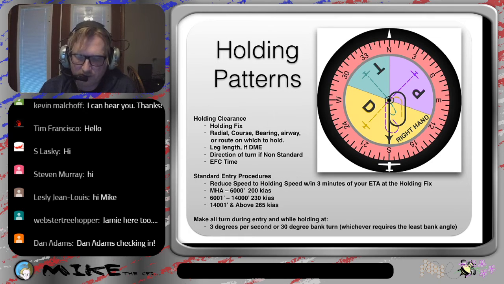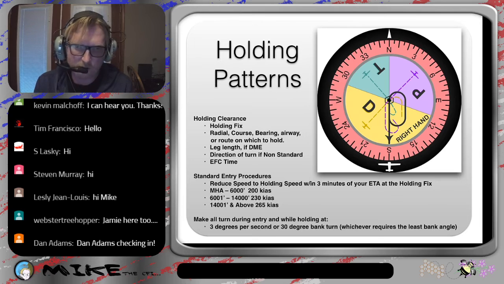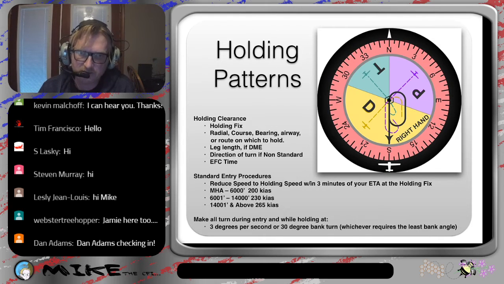And they're going to give you what we call an expect further clearance time. So they don't want you holding in perpetuity. So if you're going to be in a holding pattern for any reason, you're going to get an expect further clearance time, and that plays a role with our lost communication procedures. If we're coming up close to the expect further clearance time, we would want to ask air traffic control for either a new expect further clearance time or clearance to continue on our flight.